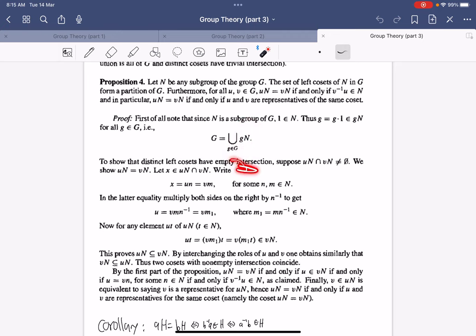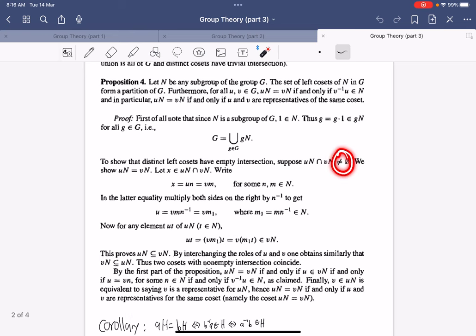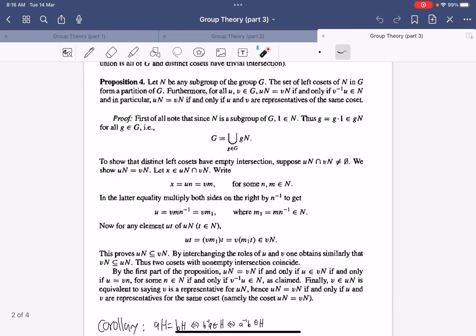Now we just need to show that distinct left cosets have empty intersection. That means we take two left cosets and show that if they have a non-empty intersection, then they must be equal. So we first take x an element of the intersection, because it's non-empty, and we can write it as un and vm. Then we can multiply by n inverse on both sides and we get that u equals v m n inverse.